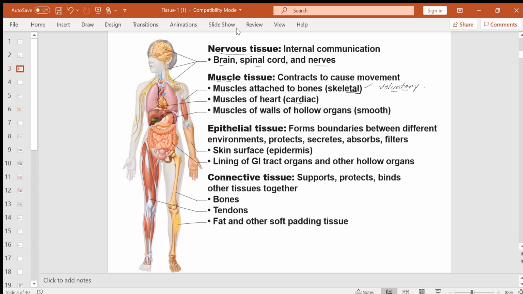Cardiac muscle is only present in the wall of the heart, so it is an involuntary muscle present only in the heart.